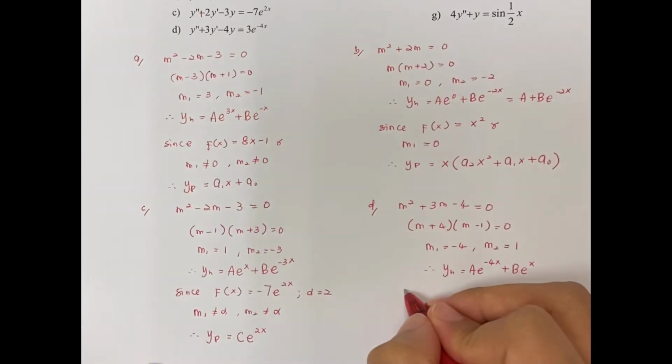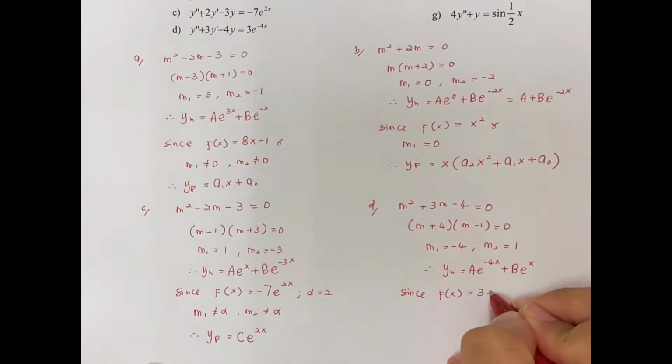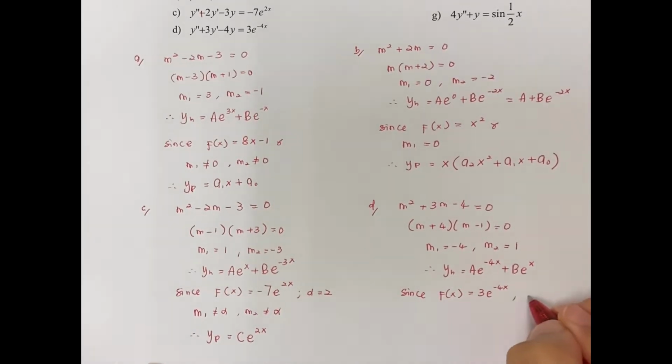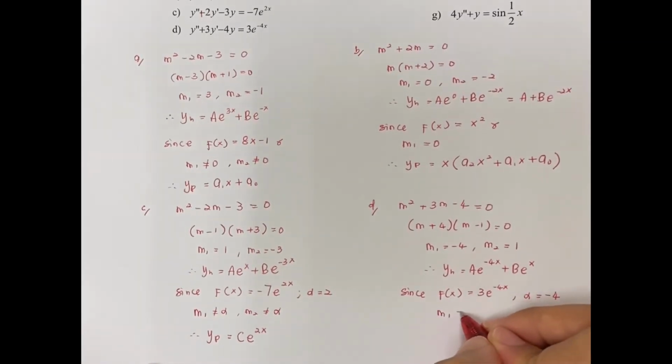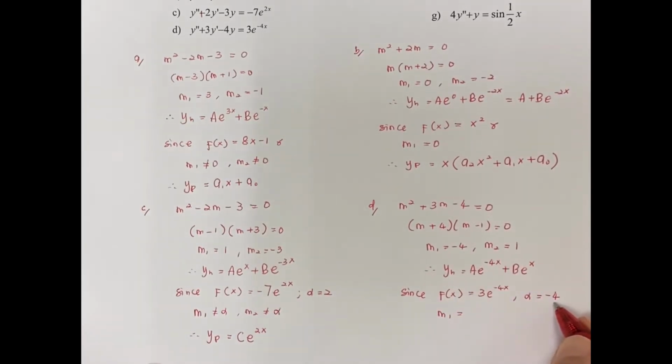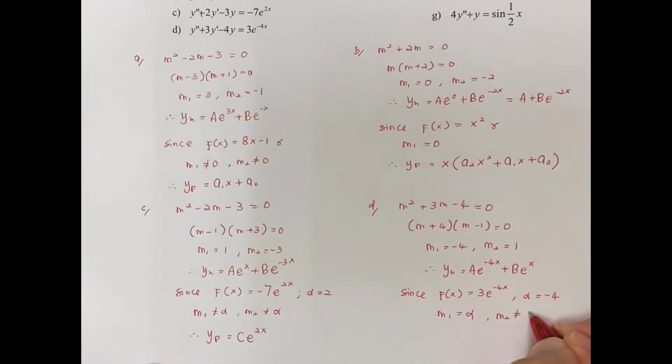For YP, since fx is equal to 3 exponent negative 4x, your alpha is equal to negative 4. And m1 is equal to negative 4, the same as your alpha. So m1 is equal to alpha, but m2 is not equal to your alpha.